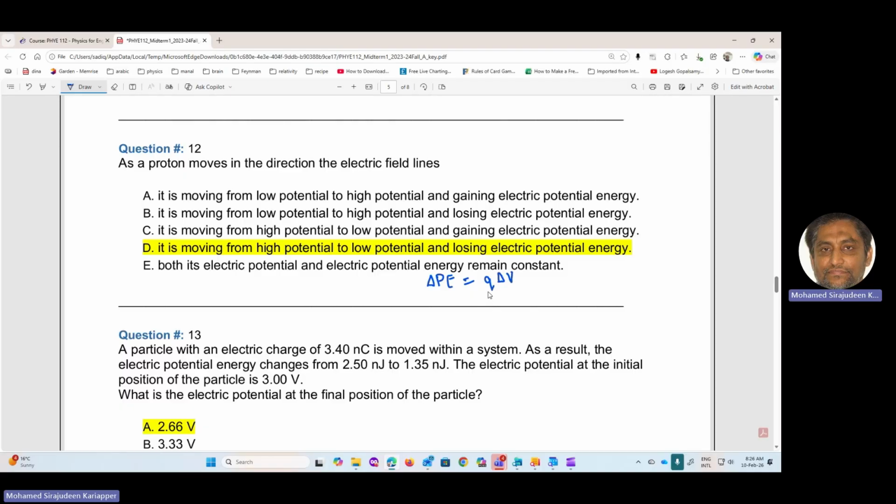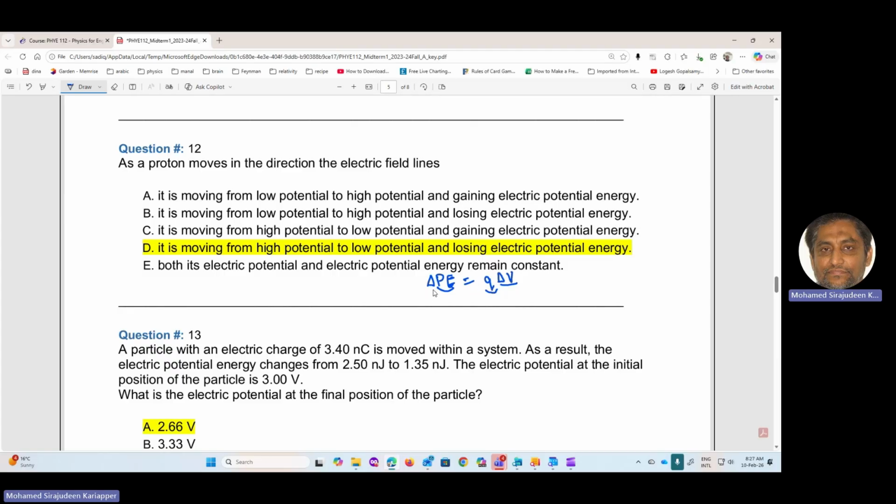We have a positive particle, and when the potential changes in some way, the potential energy will also change in the same way because Q is positive. So if delta V is positive, Q being positive, delta PE also will be positive. In our case, we have a positive charge and the potential is decreasing.